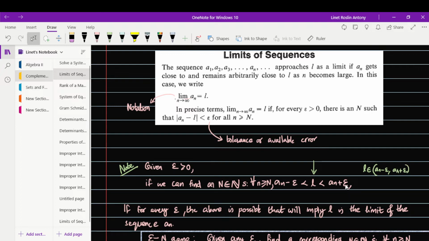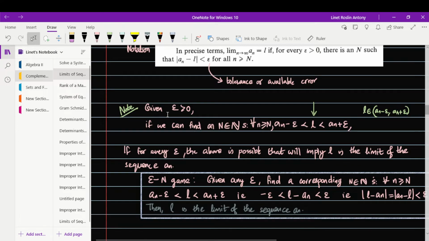So whenever you are given an epsilon, you have to give me an N. If for every epsilon the above is possible, this implies that L is the limit of the sequence an.